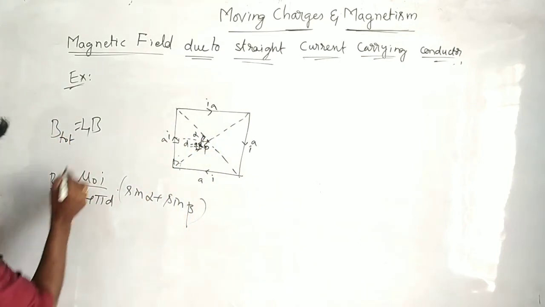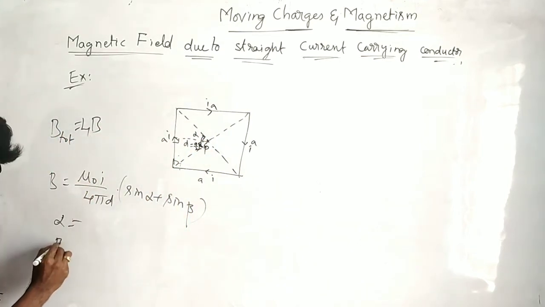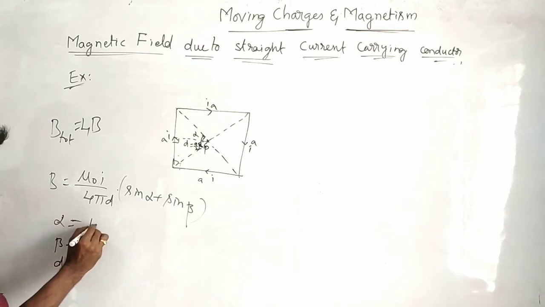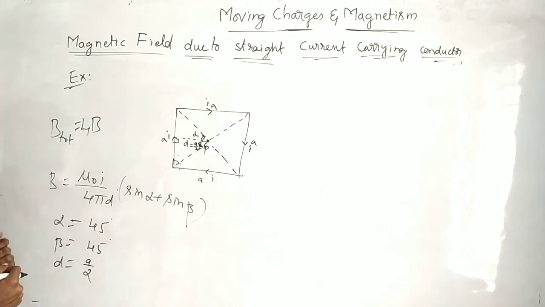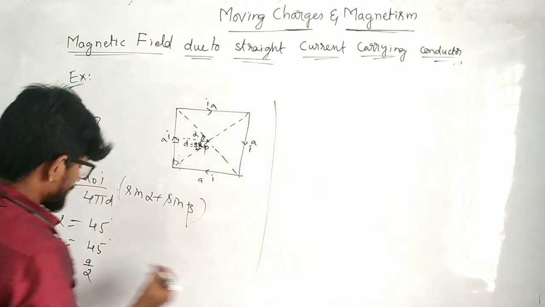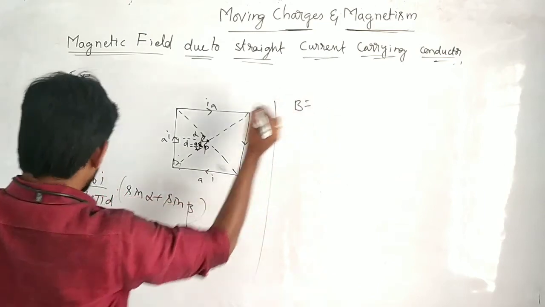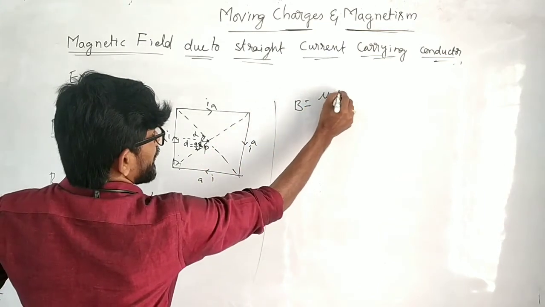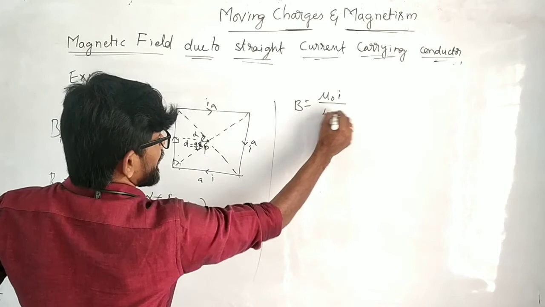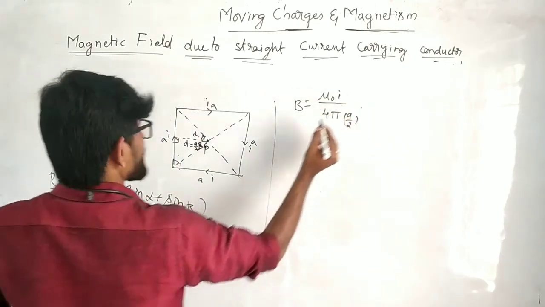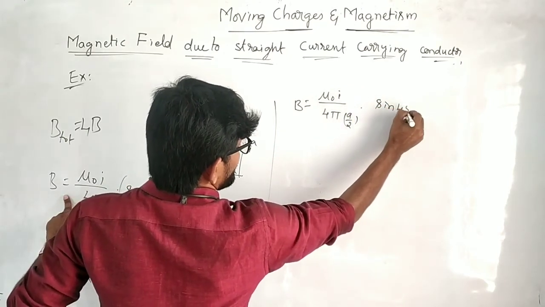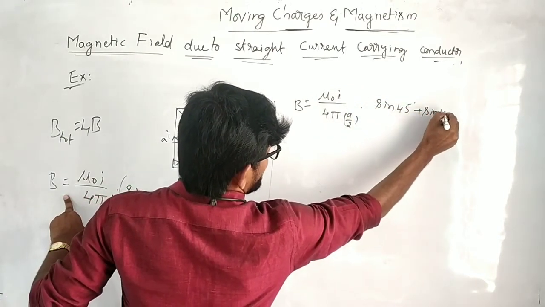In this case alpha is 45 degree, beta is 45 degree and D is A by 2. Substitute this, you will get B. Then 4B gives total B. Is it clear? Let's see here. B is equal to mu naught I by 4 pi D, where D is A by 2, into sine alpha plus sine beta, which is sine 45 plus sine 45.